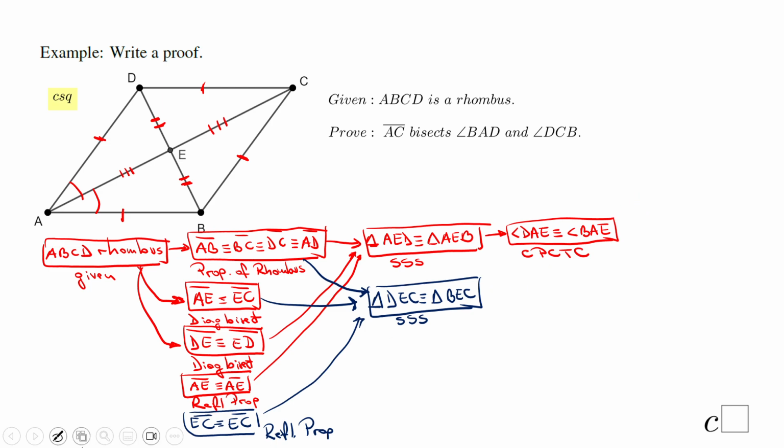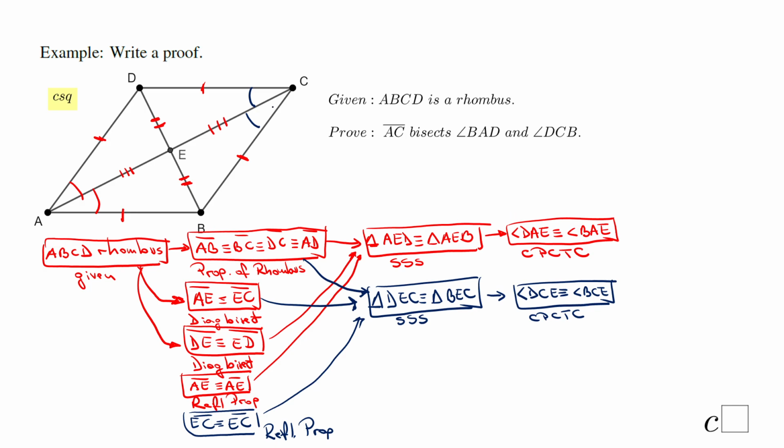And from this second statement involving triangles, we're going to write something very similar. These two angles are congruent. Now you may say, we don't know if they are the same, and that is correct. But let me write this statement first. Angle DCE congruent to angle BCE. And the reason for these two triangles being congruent is the same as in the previous statement. Corresponding parts of congruent triangles are congruent.